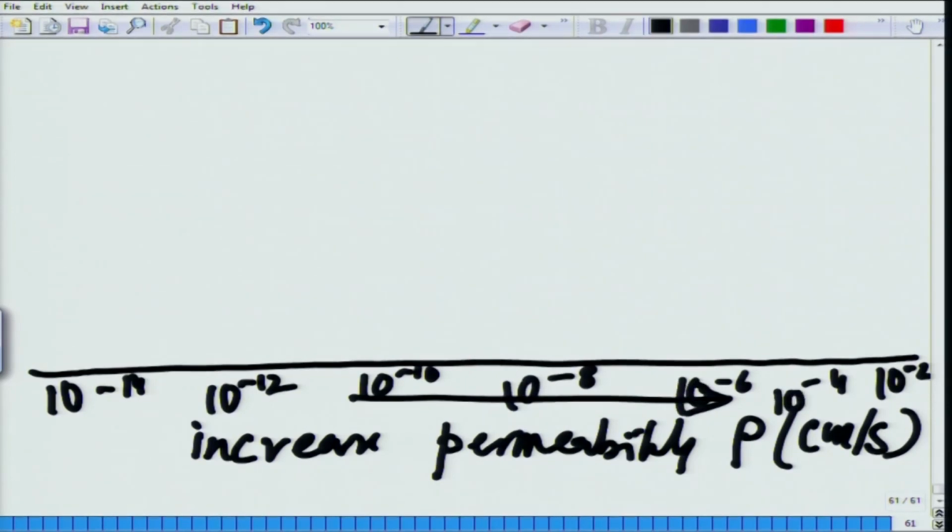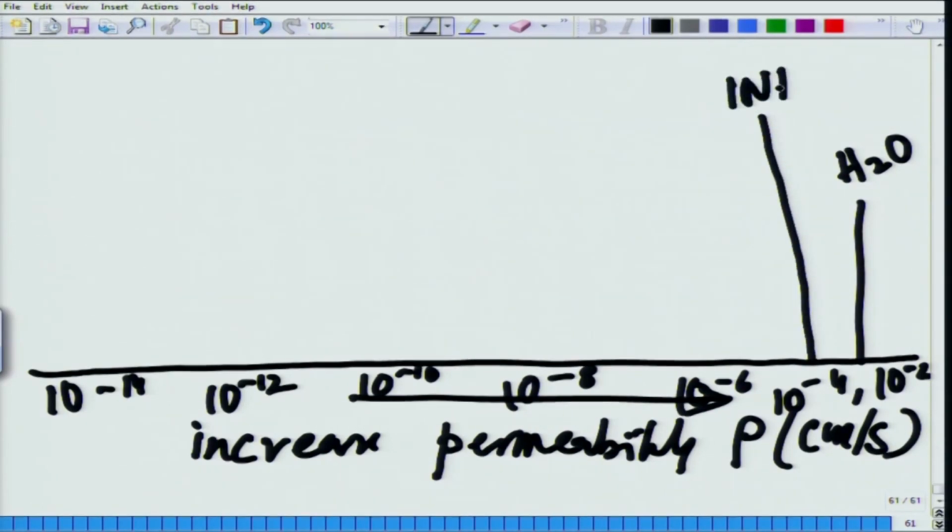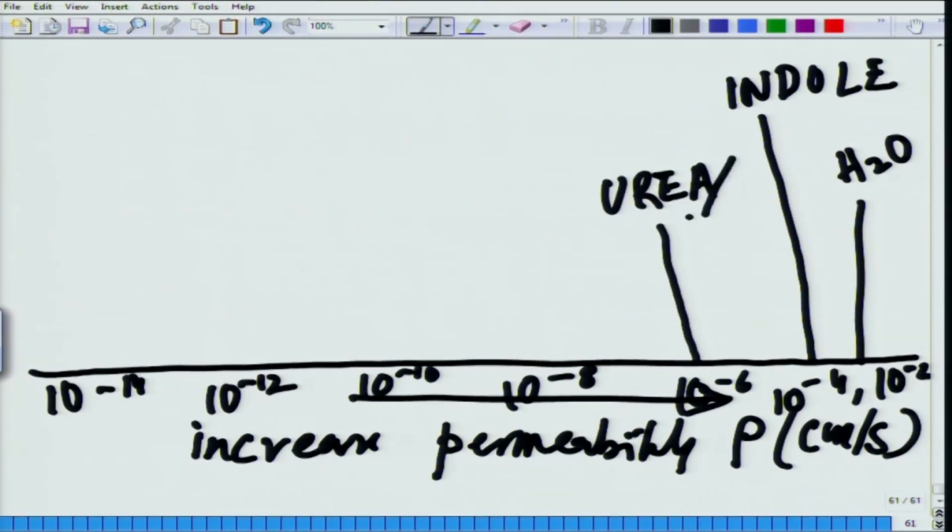If these are the permeability values, you will see the most permeable will be water. Then around 10 to the power minus 4, you will have a molecule called indole, which is very similar to another molecule which will come very soon. Then around 10 to the power minus 6, you have urea or glycerol, which is more permeable. Then around 10 to the power minus 8, you have tryptophan.